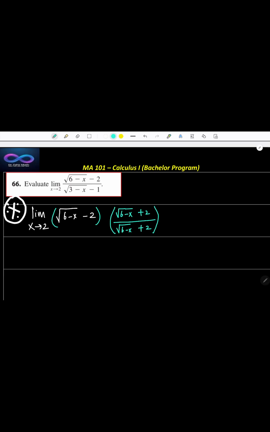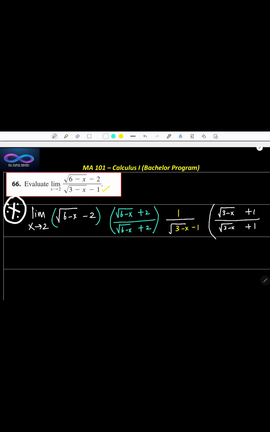Now for the denominator, 1 divided by (square root of 3 minus x minus 1). This part I have taken. The square root is not over the whole thing, it is only for this part. I'm going to multiply by square root of 3 minus x plus 1 divided by square root of 3 minus x plus 1. Is it okay?